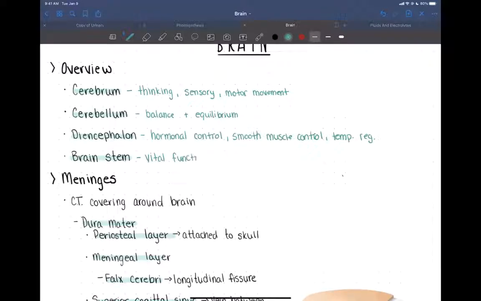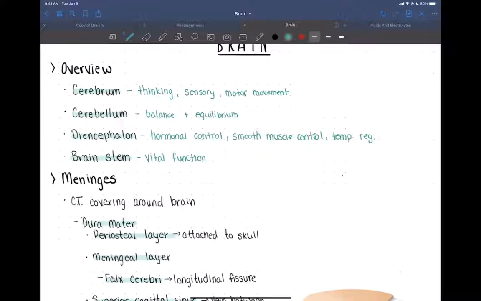These are things like breathing, heart rate, dilation and constriction of your blood vessels, so blood pressure, that sort of thing, are going to be in the brainstem. So those are our major 4 regions within the brain. We'll talk about each of those and structures within them and some specific functions.